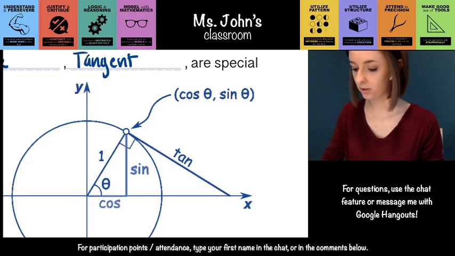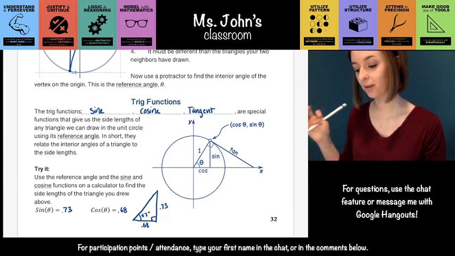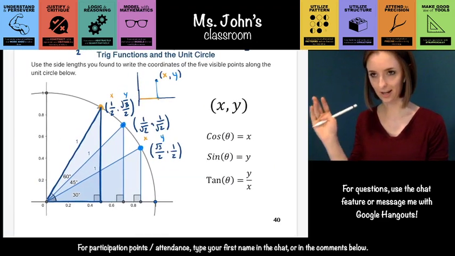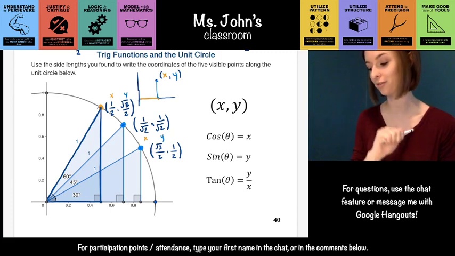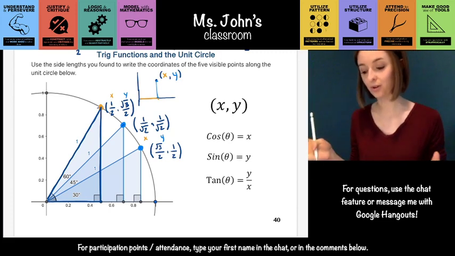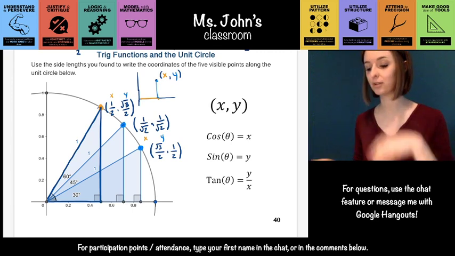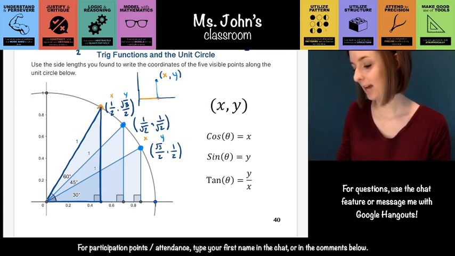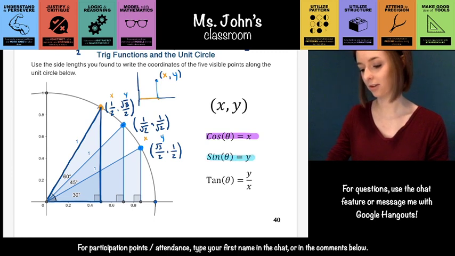So notice now that we have cosine, we have sort of identified where those are coming from. Remember that cosine gives you the horizontal distance and sine gives you the vertical distance. So in a coordinate point, you have the x value and the y value for horizontal distance, vertical distance.